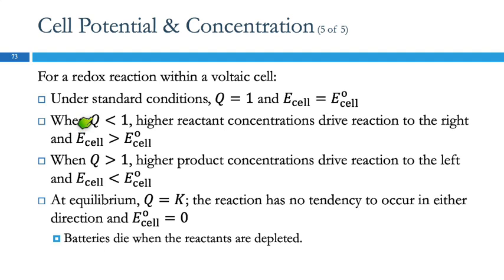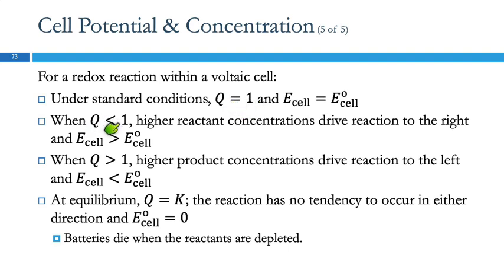So it's almost always that we have different concentrations than the standard cell potential. And so what we can do is look at Q, and Q is easy to calculate. They'll give you the concentrations of the stuff, and you do the products over the reactants, and if there are coefficients, you square it or whatever. You've calculated K so many times, we can do that easy. You calculate Q and you compare it to 1, because 1 is standard conditions.